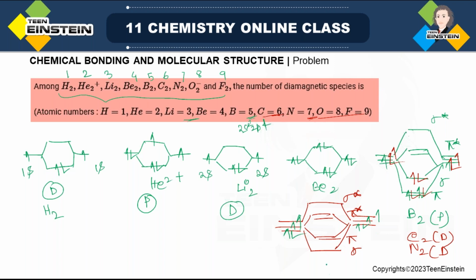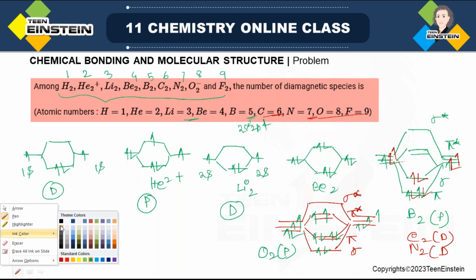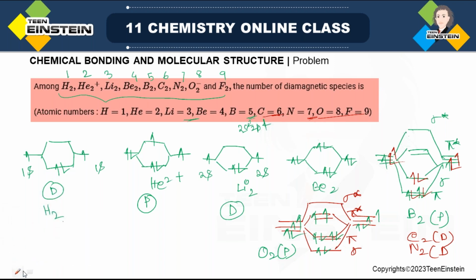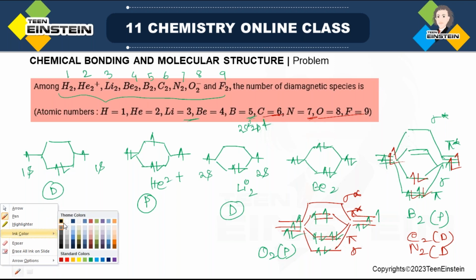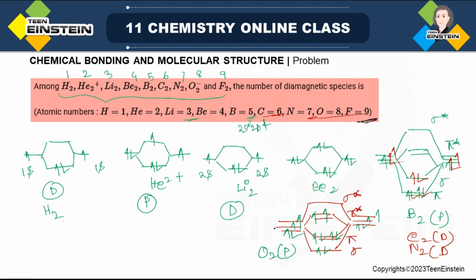So 2p4 means total 8 electrons. So this is paramagnetic. Actually, we know O2 is paramagnetic. And if it is F2, that means 1 electron now will be extra on both sides. So F2 is basically 5, and this extra electron you will place like this. So this is diamagnetic.